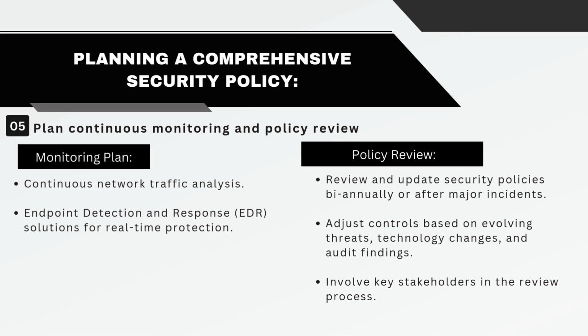Review and update the security policy annually or after major incidents. And then adjust controls based on evolving threats, technology changes, and audit findings. And then the last one is involve key stakeholders in the review process.